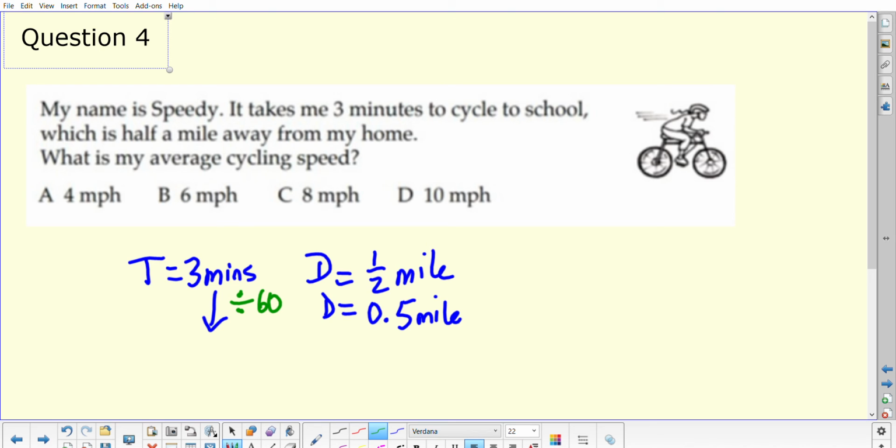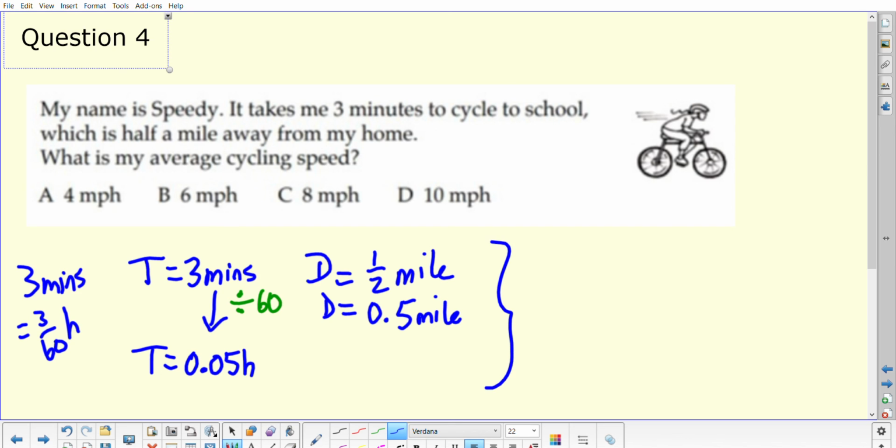So you need to do 3 divided by 60, and that would give you 0.05 hours. You need to change the minutes into decimal time. That's about you knowing that 3 minutes is the same thing as saying we've got 3 out of 60. That's your fraction of an hour, and that's why it's dividing by 60.